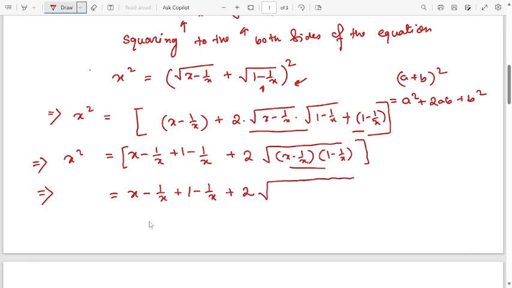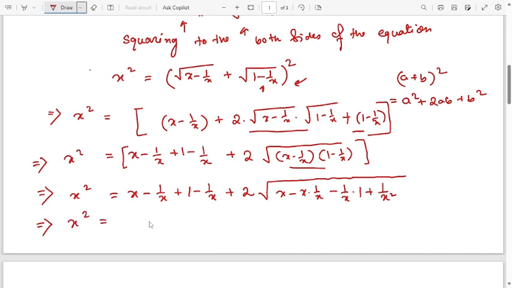2 times square root of x times 1 by x, then minus 1 by x times 1 plus 1 by x square. This will be x square. Or you can write it that way, that is fine.